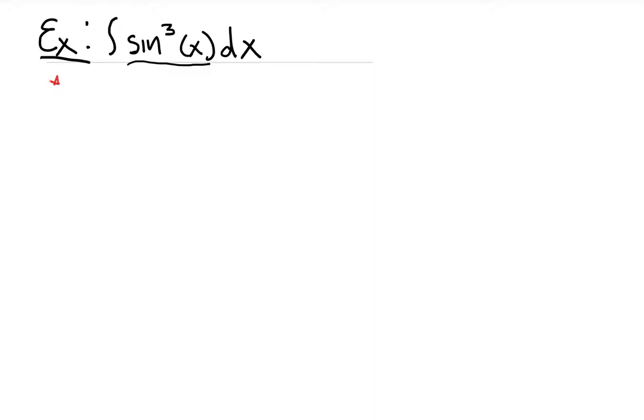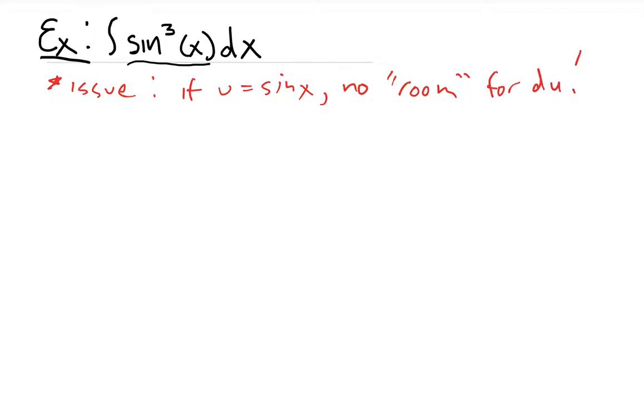So I'll point out that this is a potential issue. If I tried u is sine x, the obvious choice, the inside function, this does not work here because there's no room in this problem for a du to fit.